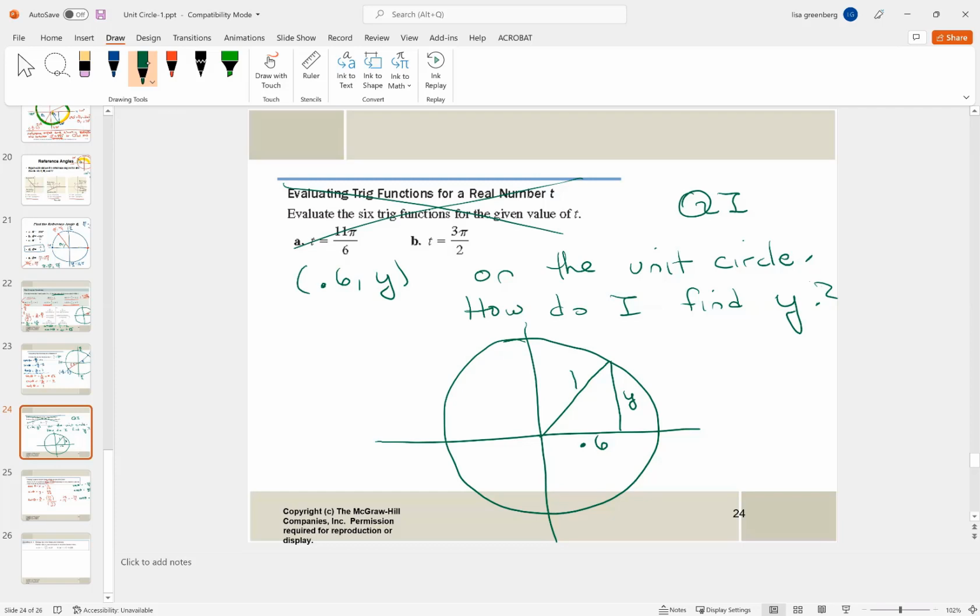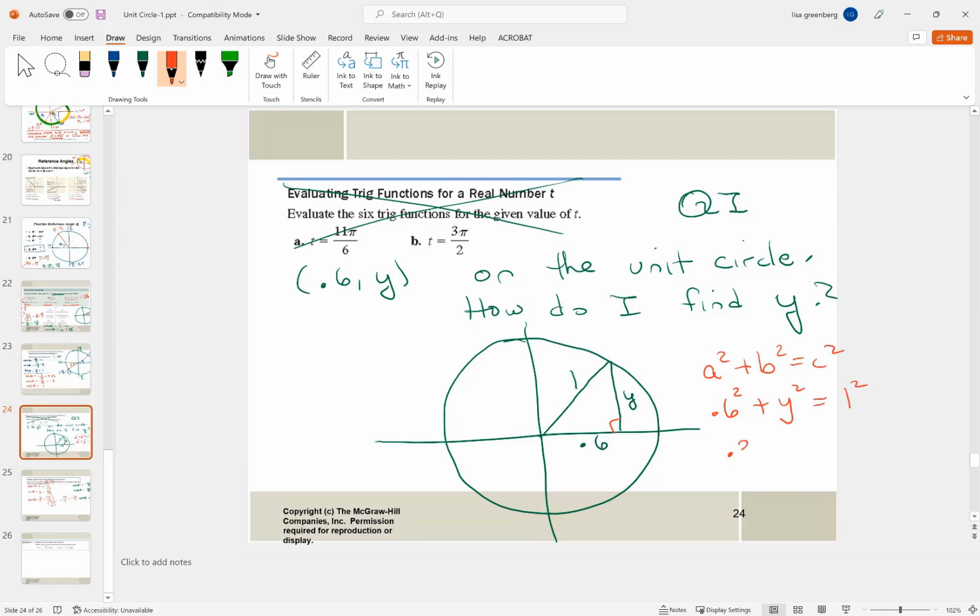The only thing we can do here is use the Pythagorean theorem. Anytime you have a right triangle, that's the first thing you should think of. So we'll call a 0.6 squared plus b is y squared equals 1 squared.